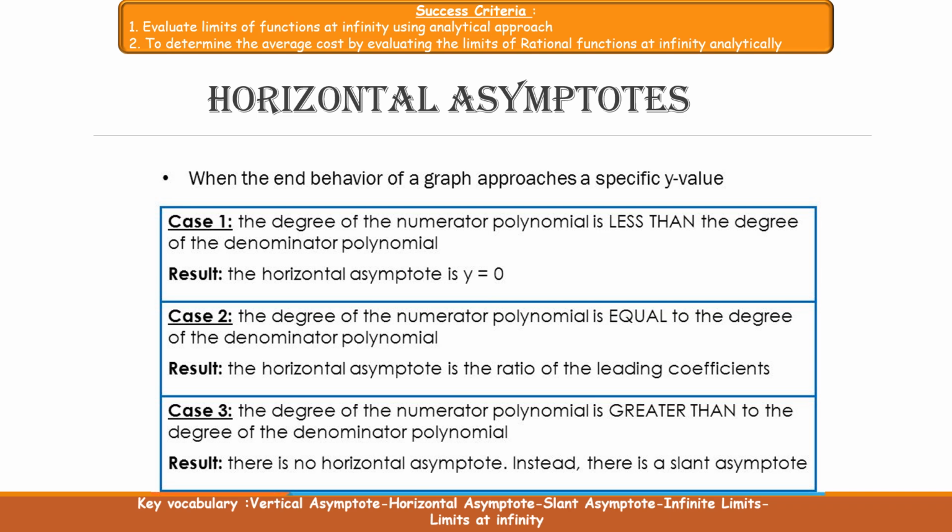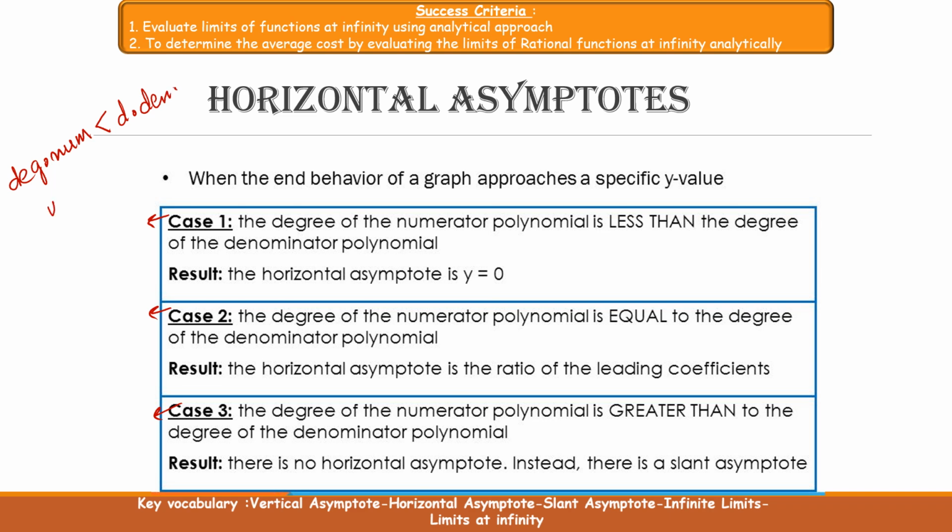If you remember, algebraically we have studied the horizontal asymptotes and the 3 different cases of horizontal asymptote. According to the first case, if the degree of the numerator is less than the degree of the denominator, what will happen?